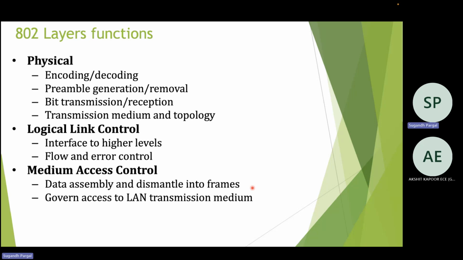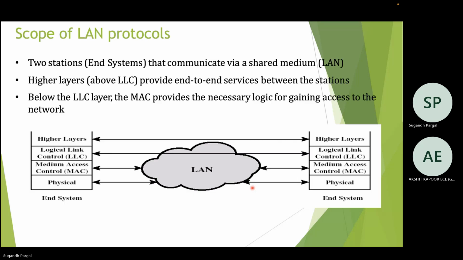It handles data assembly and dismantling into frames. It does the data assembly and then creates frames out of the assembled data. Then it governs access to the LAN transmission medium, that is the physical medium. It tries to connect to the physical medium.